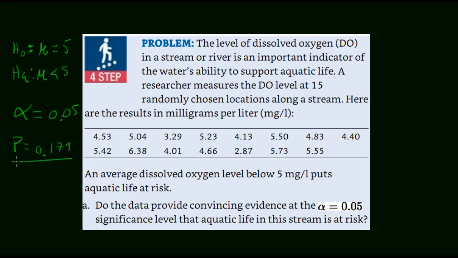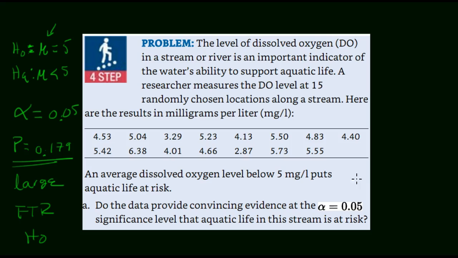Now remember, a large p-value means fail to reject the null hypothesis. So we're going to say it is possible that the mean level of dissolved oxygen in the stream is actually 5.